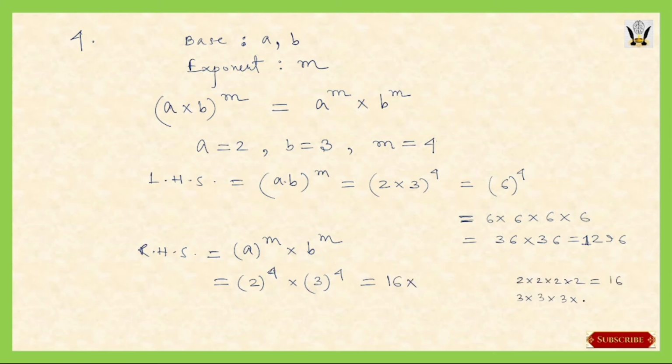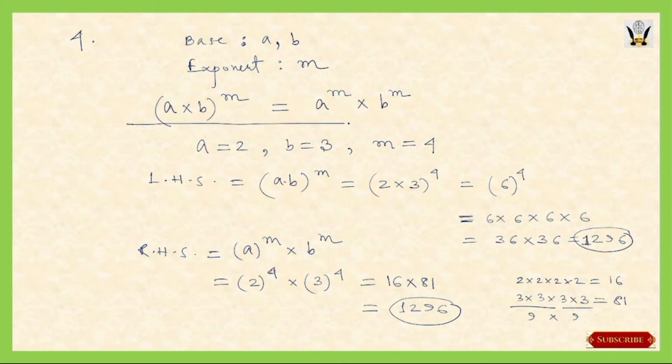Similarly, here 3 will be multiplied by itself 4 times. So 3 3s are 9 and 3 3s are 9. So 9 multiplied by 9 will be 81. So here we will multiply 16 by 81, and if we multiply 16 by 81, we will be getting 1296. So from the left hand side we are getting 1296, and from the right hand side also we are getting the same result. That means we can also use this law wherever it is required.